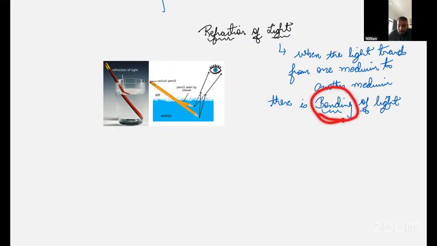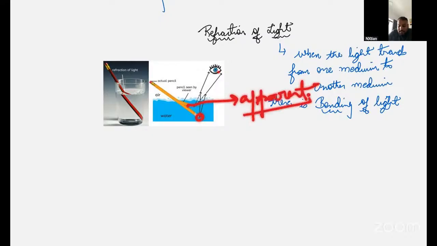So what happened actually? We are trying to see this thing, but we got an apparent image. This is not a real image. This is an apparent image that we are getting because of the change in medium. Did you understand what I'm trying to say? The pencil is in the water, but when the light comes to the air, the light bends.